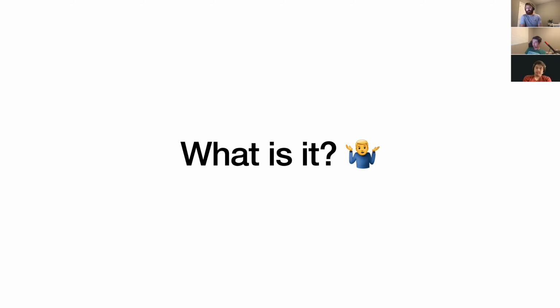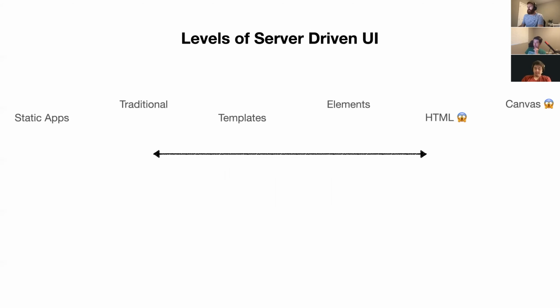So the back end has more control over what the UI looks like. So I think there's multiple levels of server-driven UI. Like you have your basic static apps all the way to the left that are just static UI.